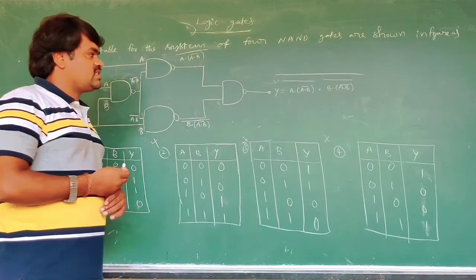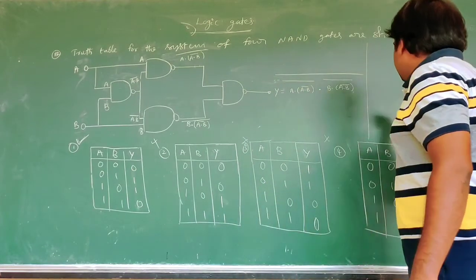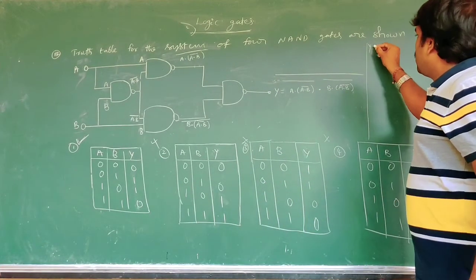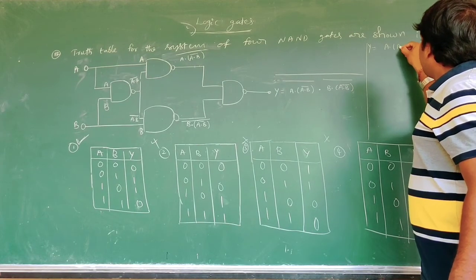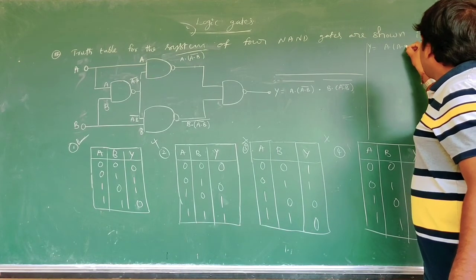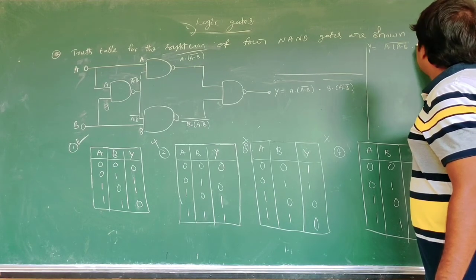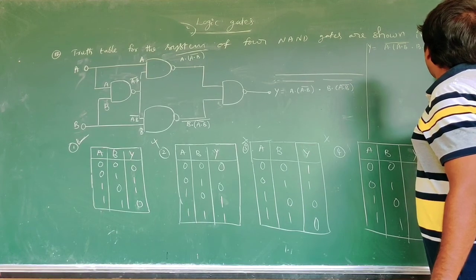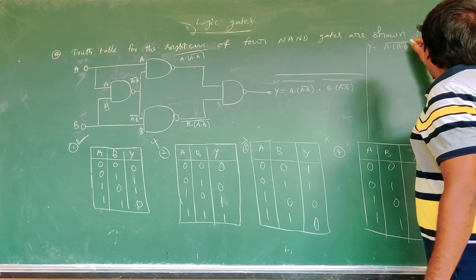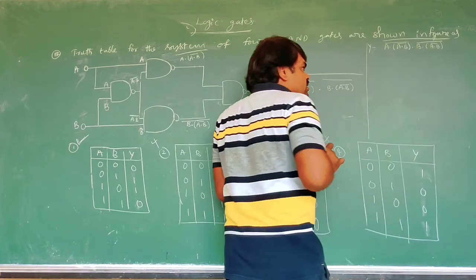Now simplify this output. See here. Y is equal to A dot B bar whole bar dot B dot A dot B bar whole bar. Now the two terms are there.